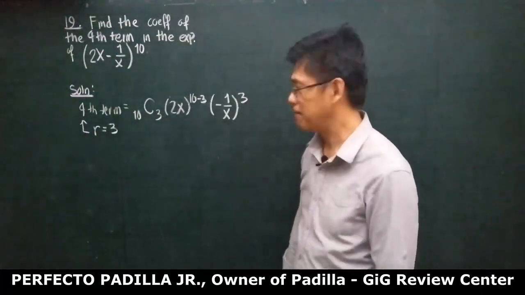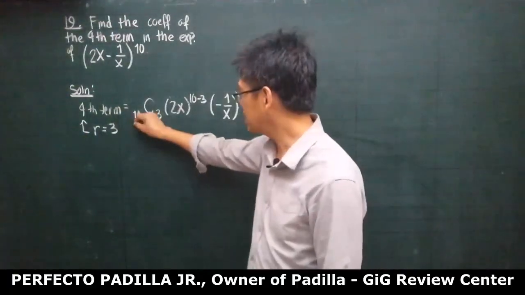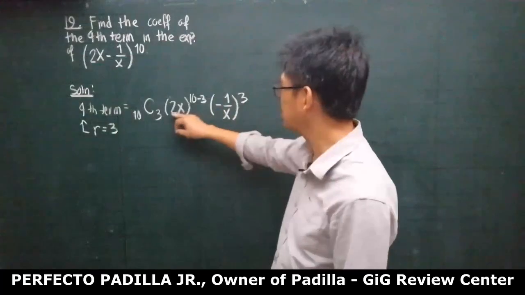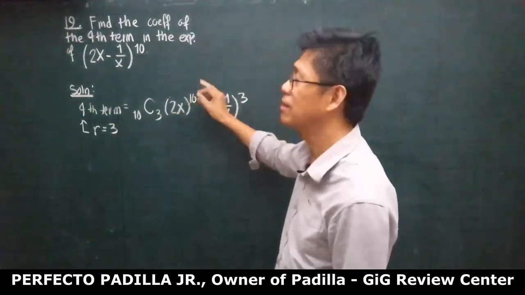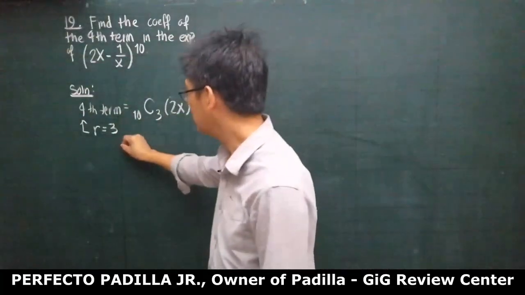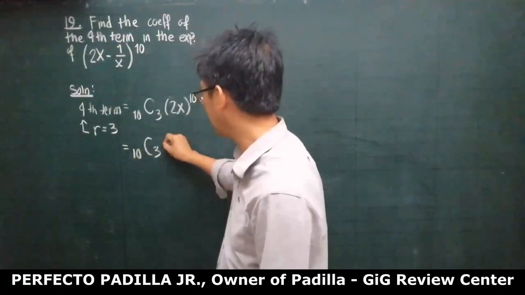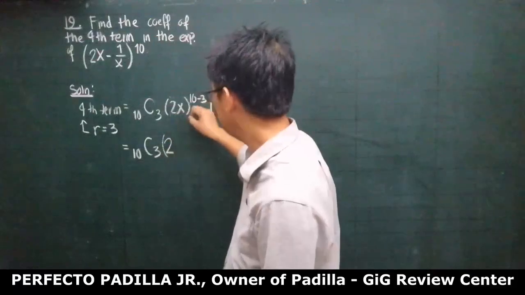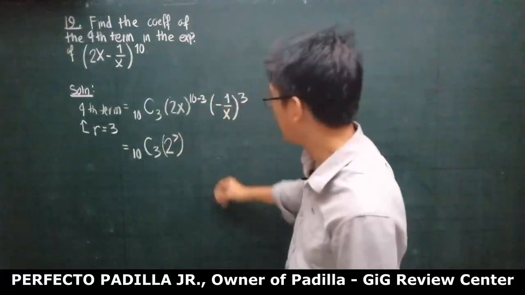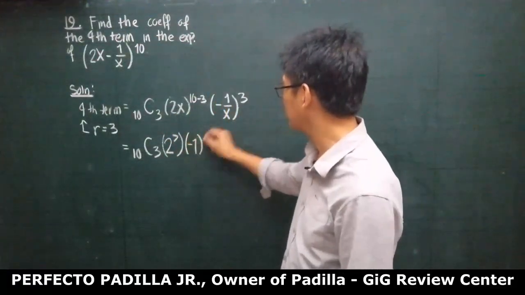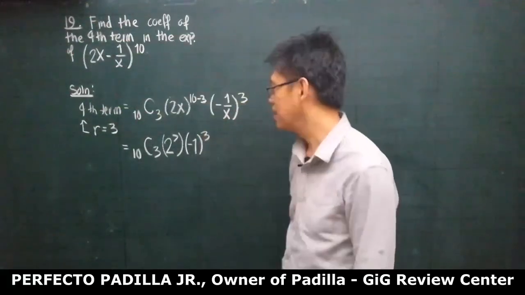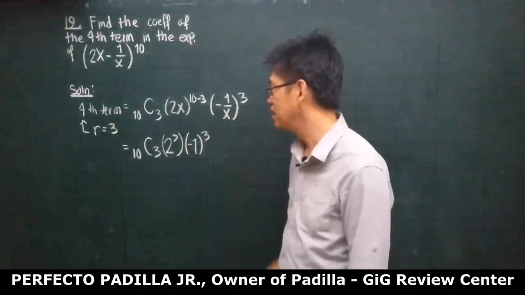We just simplify. 10C3 times 2 to the 7. Pagsamahin natin, ha? So, you will have here 10C3 times 2 to the 7 times negative 1 to the 3. Ito yung coefficient.